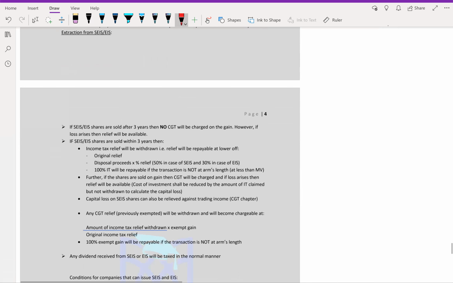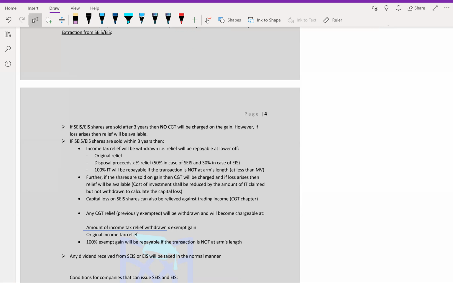Extraction from SEIS or EIS. This is important. If SEIS or EIS shares are sold after 3 years, then no CGT. We know this, right? However, if loss arises, then the loss will be allowable. Okay. You're not being taxed on gain, but that does not mean that the loss won't be allowable.